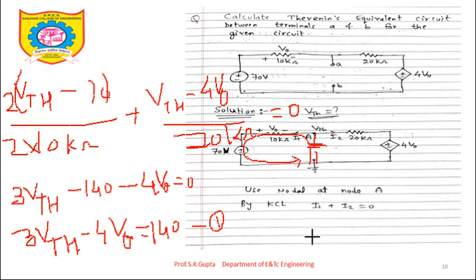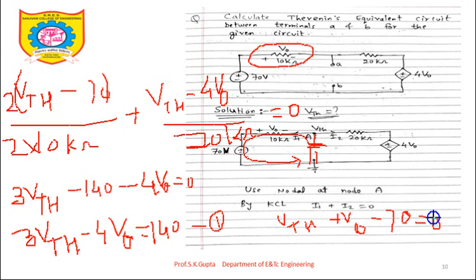Minus 2 plus, so VTH. Then what is the polarity of this V0? As you can see in the circuit, the polarity is minus 2 plus. So plus V0. Whenever it is minus to plus, we take it as it is, and whenever it is plus to minus, we take it with a negative sign. And this 70 volt has polarity plus to minus, so minus 70 equal to 0.